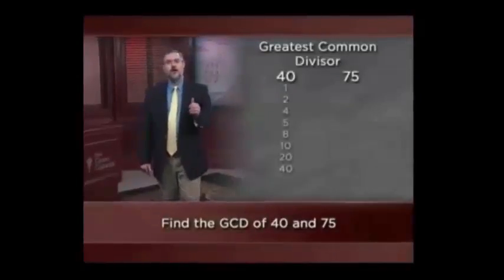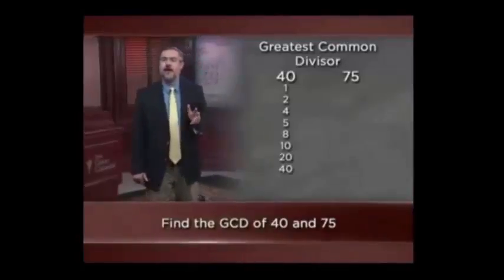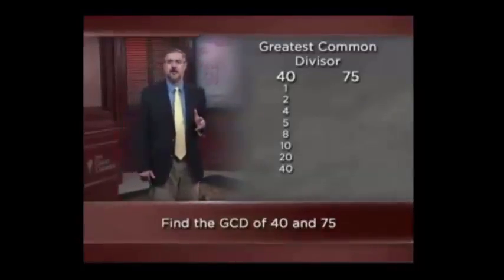Let's find the greatest common divisor of 40 and 75. Okay, I'm going to go ahead and do this problem by writing down the lists of divisors, just so we can find the answer quickly. But then I'm going to show you the different way of doing the problem. The divisors of 40 are 1, 2, 4, 5, 8, 10, 20, and 40.